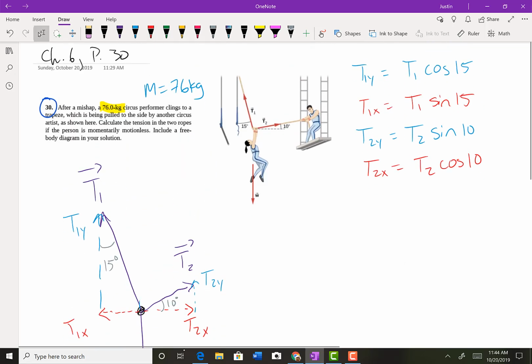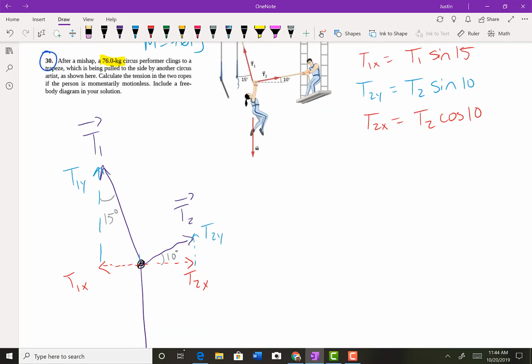So again, before I had this, all these components were missing. I'll just draw it. So my free body diagram was like this.